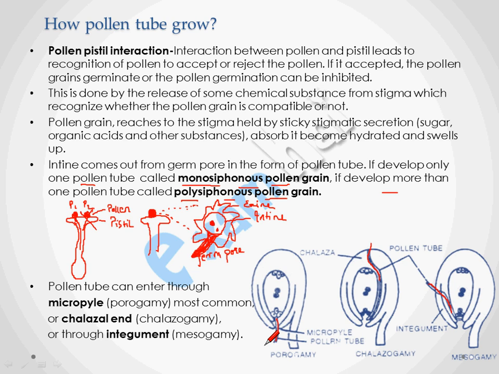If the pollen tube enters through the micropyle, it is called porogamy, which is the most common. If it enters through the chalazal end, it is called chalazogamy, and if it enters through the integument, it is called mesogamy.